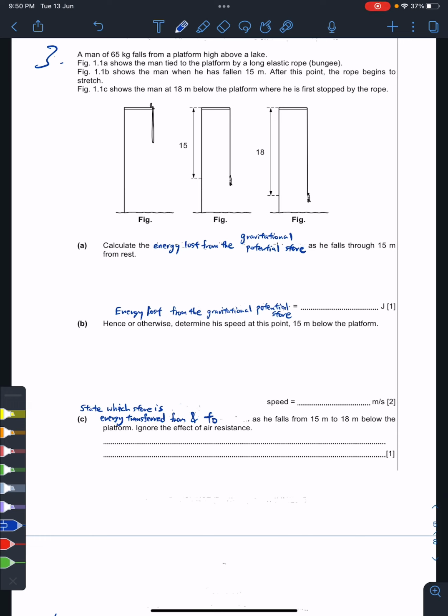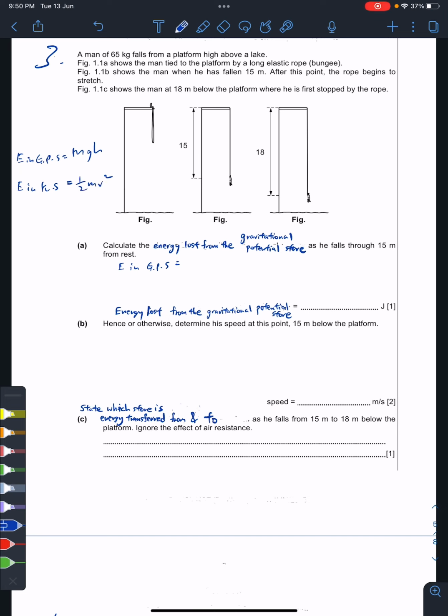Your energy in GPS. The two formulas that we care about: energy in the gravitational potential store is mgh, and energy in the kinetic store is half mv squared.